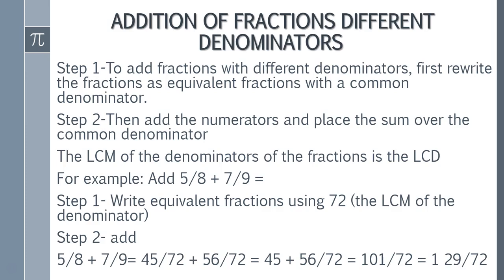Now we can add the top, 45 plus 56, and then leave the bottom the same. This will be 101/72. You can give your answer as a decimal, as a mixed number, or as a fraction. It all depends on what your instructor wants you to do, or what the problem is asking.